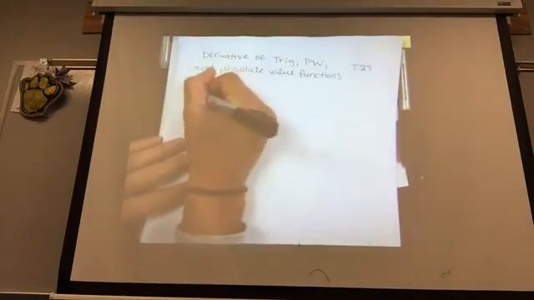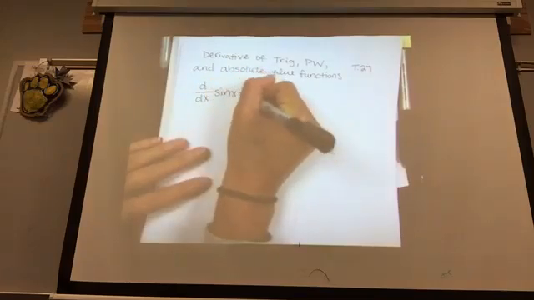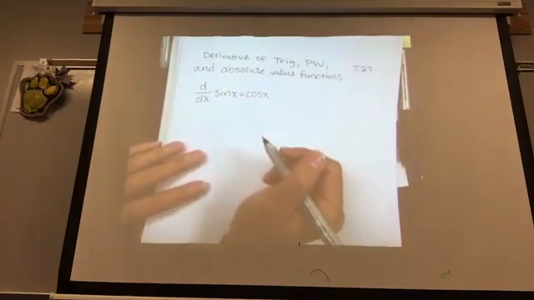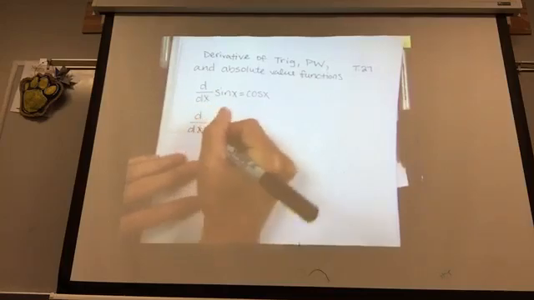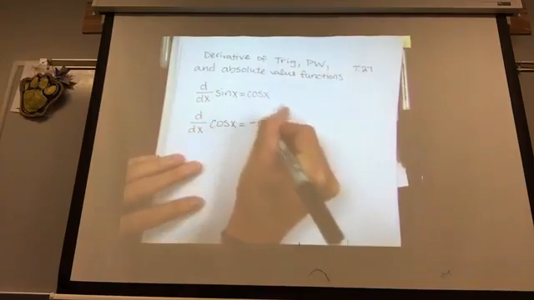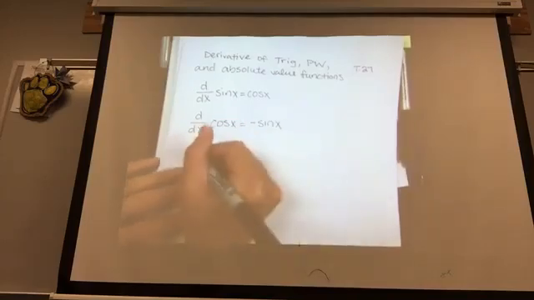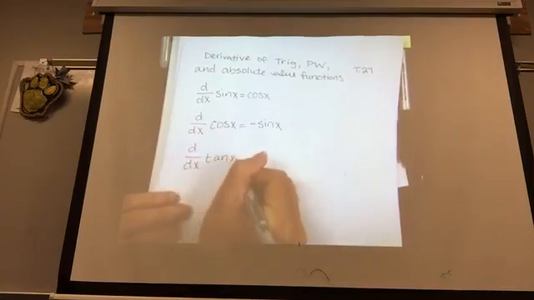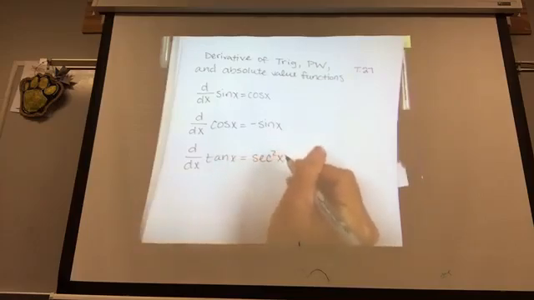So d over dx of sine of x is equal to cosine of x. D over dx of cosine of x is equal to negative sine of x. And d over dx of tangent of x is equal to secant squared of x.